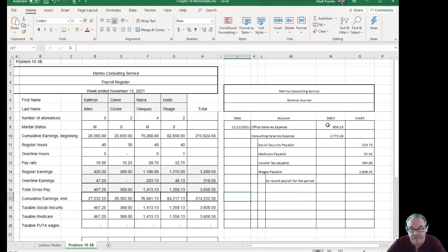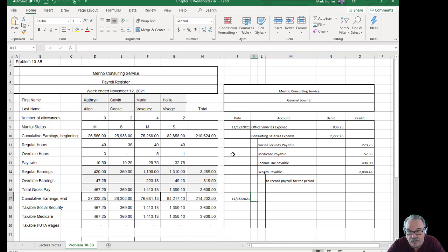And then they told us on the 15th, they paid the payroll. So that's the day they actually handed out the paychecks. So they accrued the wages as of the 12th. That's when the pay period ended. They collected the time cards and did all the calculations. And then when they handed out the paychecks was 3 days later on the 15th.